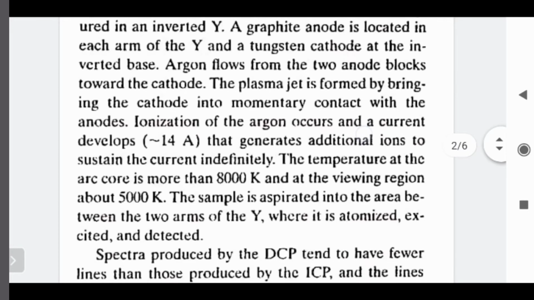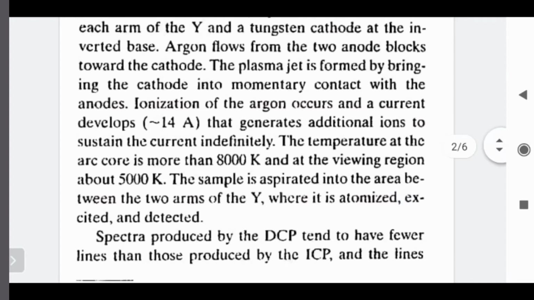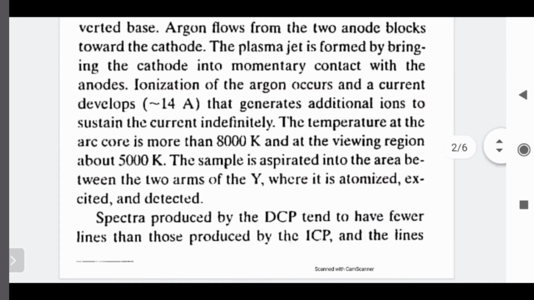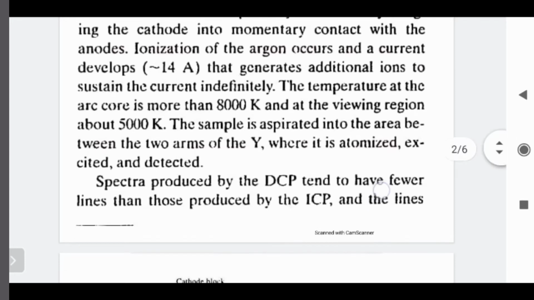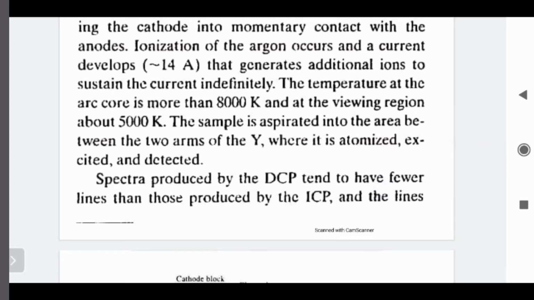Okay, so there are two arms through which the argon gas flows into the excitation region, where the ionization takes place. The plasma jet is formed by bringing the cathode into momentary contact with the anodes. The ionization of argon gas occurs and a current is developed, which is around 14 ampere.